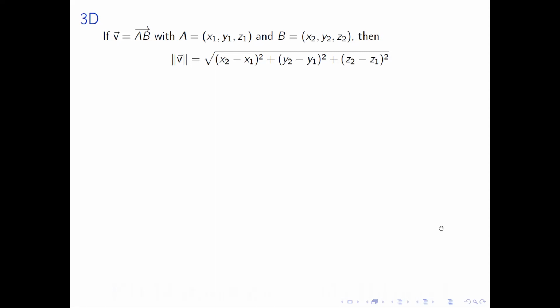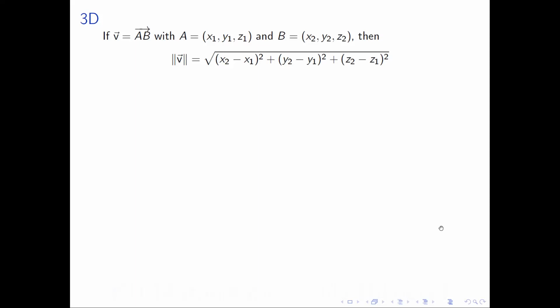Three-dimensional. Let's say vector AB, the vector from A to B, with A equal to (x1, y1, z1) and B equal to (x2, y2, z2). Then the magnitude of V is, this time we're not assuming the initial point is the origin.